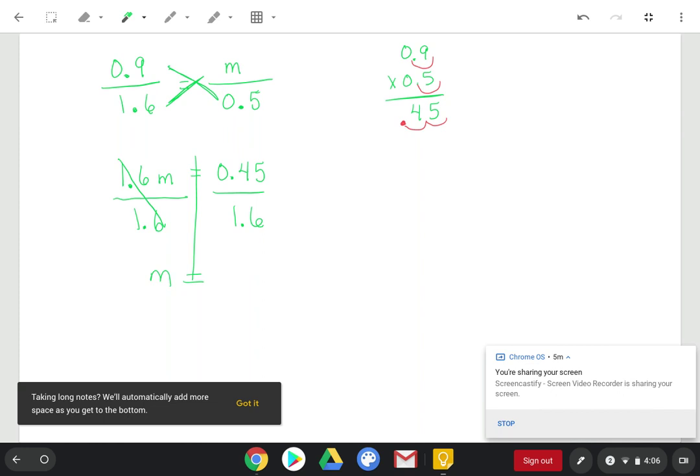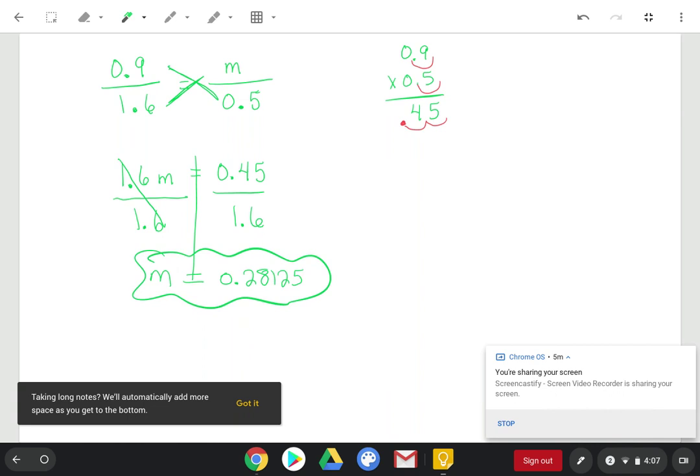And we need to do that division. To save you some time, I'm just going to tell you the answer. Decimal 45 divided by 1.6 is 0.28125. And that is our answer.